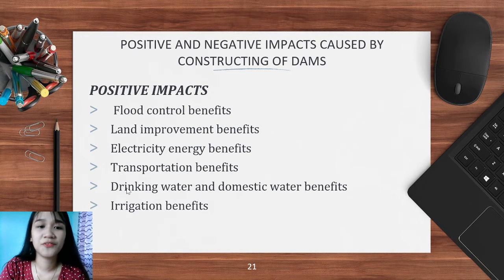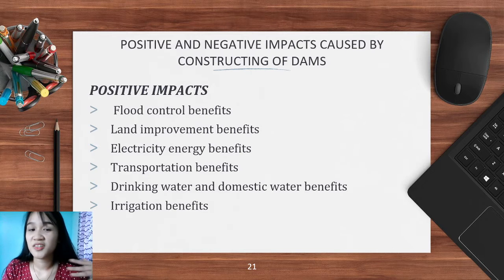So, land improve benefits. So electricity energy benefits. As what I said earlier, hydropower production. So transportation benefits, drinking water and domestic water benefits, and lastly irrigation benefits.